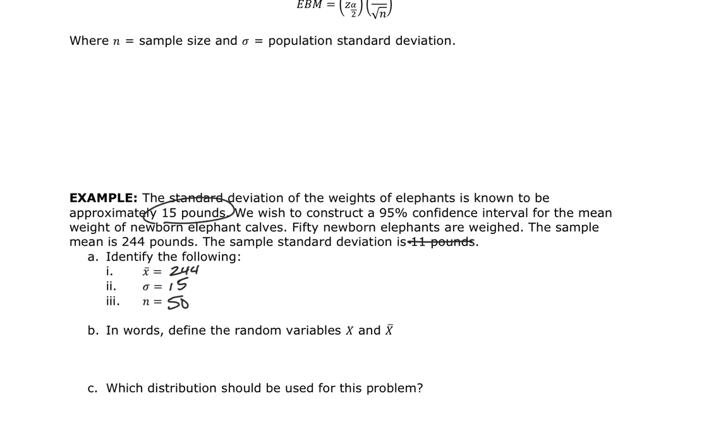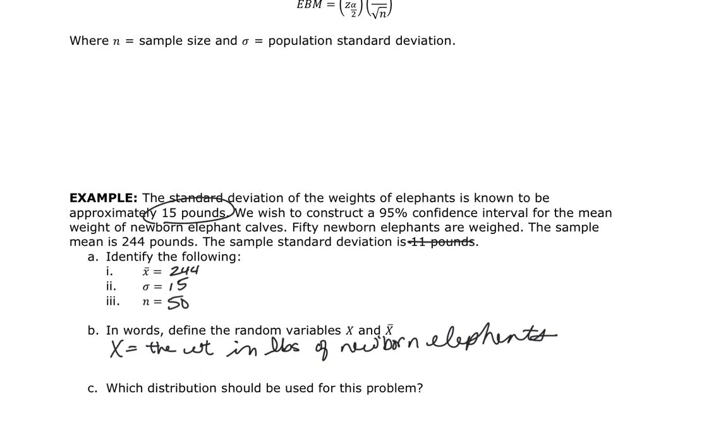So what is X and X bar? Well, the capital X, and that's our random variable, is the weight in pounds of newborn elephants. Spelling is not my forte.